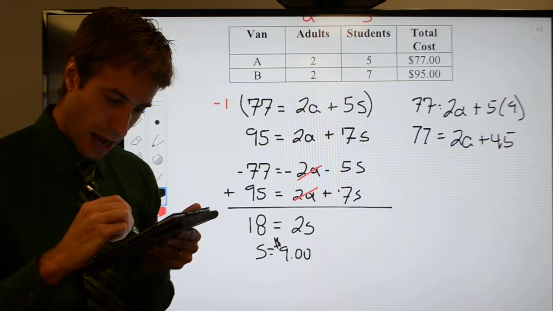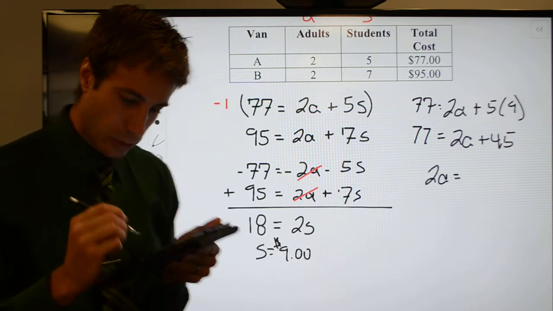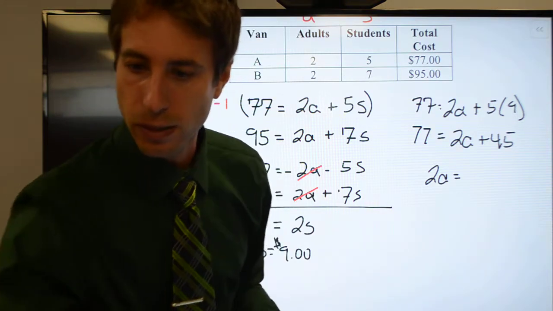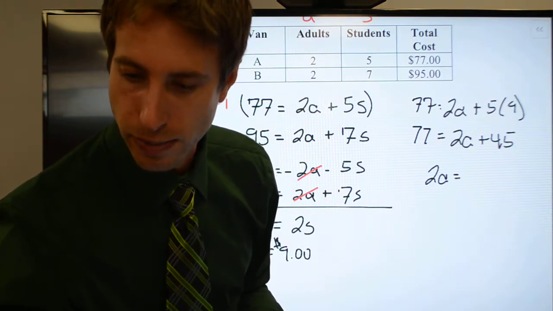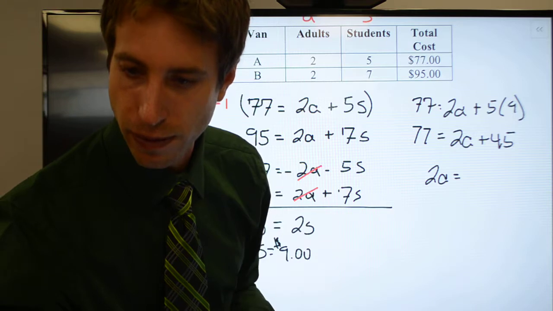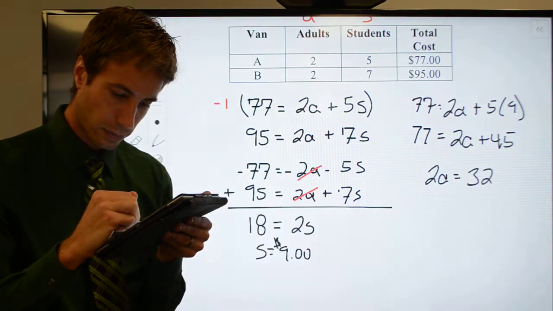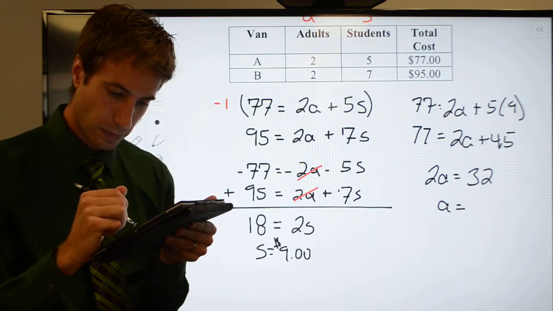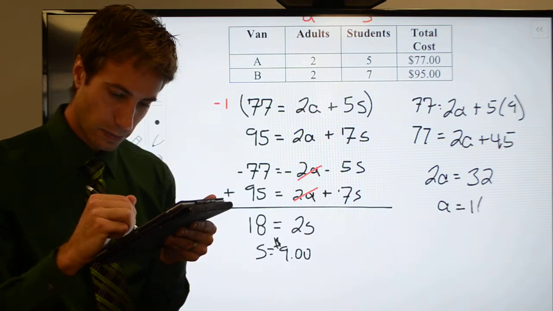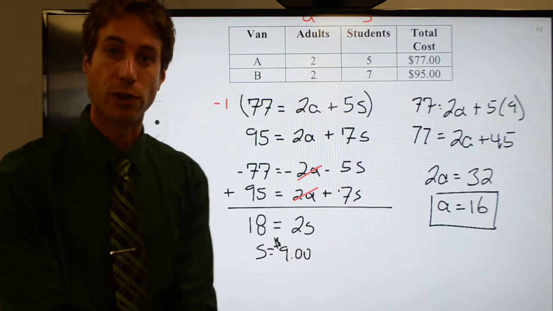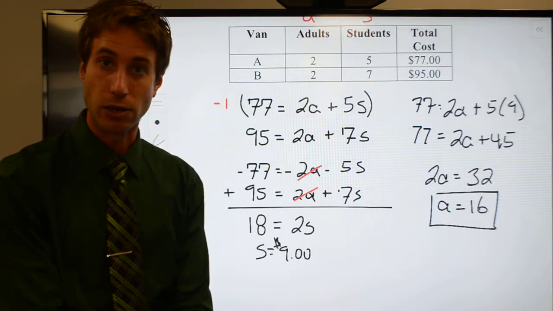Subtract the 45, 2a is going to be equal to 77 minus 45, which is 32. And we wind up with the price of admission for an adult being $16.